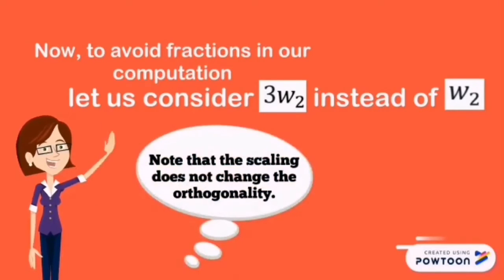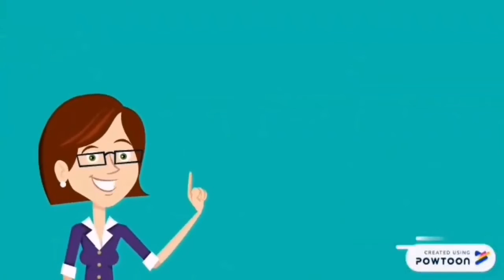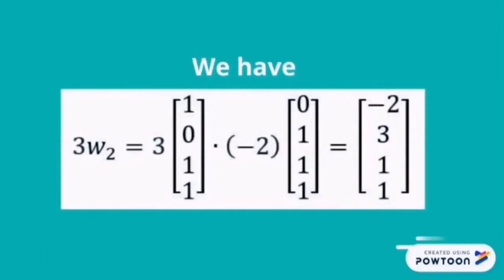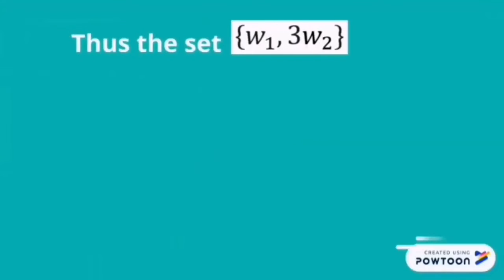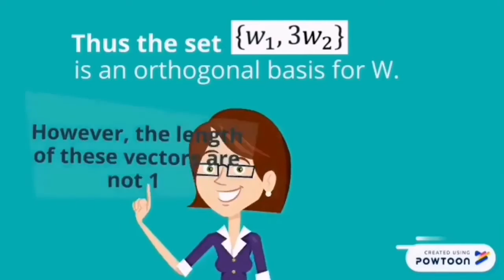Note that the scaling does not change the orthogonality. When we multiply the whole equation by 3, the fraction will disappear and we will get 3W2 equals 3(0, 1, 1, 1) minus 2(1, 0, 1, 1) equals (-2, 3, 1, 1). Thus, the set W1, 3W2 is an orthogonal basis for W.